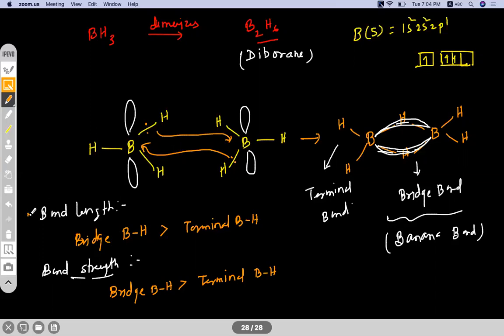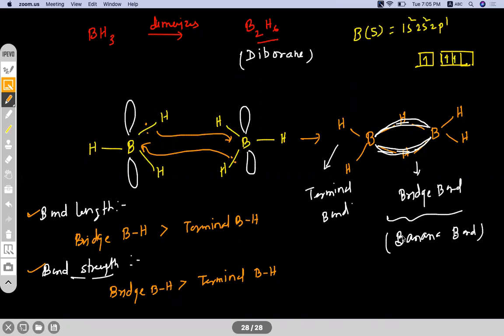These two orders are correct. Usually they are inversely proportional, but here we do not have the same order, because the two electrons are distributed among three centers, three nuclei. That's why we have greater attraction, and hence the bond strength of the bridge bond is more than that of the terminal bond.